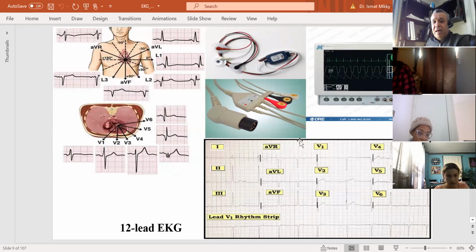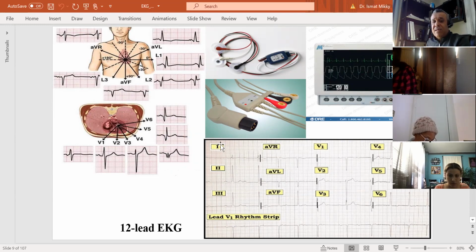And then the other half, the 6 leads on the right side of the page of the 12 lead EKG, from V1 to V6, are called the chest leads. So we have 6 peripheral leads and another 6 chest leads from V1 through V6.